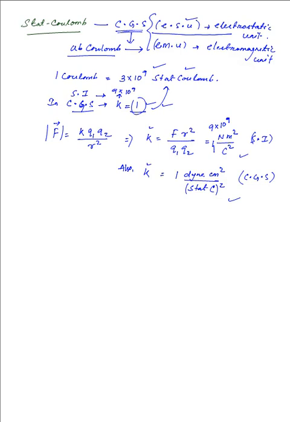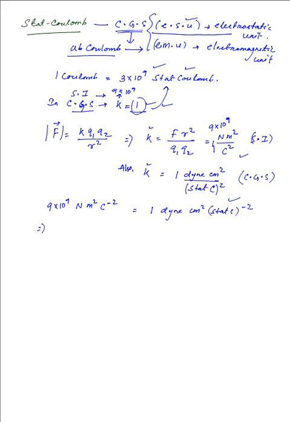So 9 times 10 raised to the power 9 Newton meter squared per coulomb squared is definitely going to be equal to 1 times dyne centimeter squared stat coulomb raised to the power minus 2.